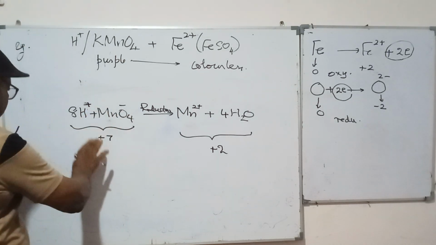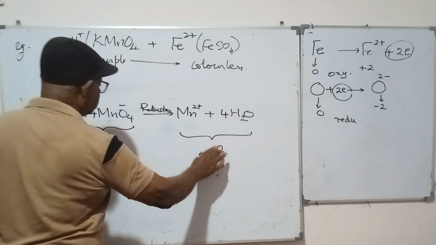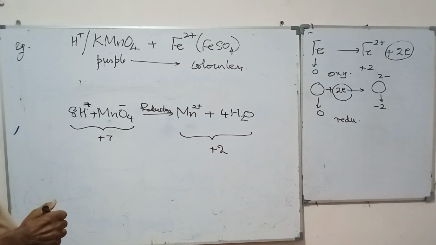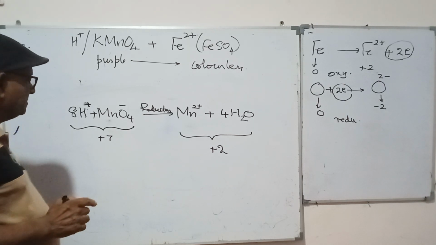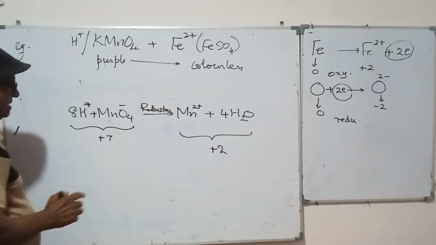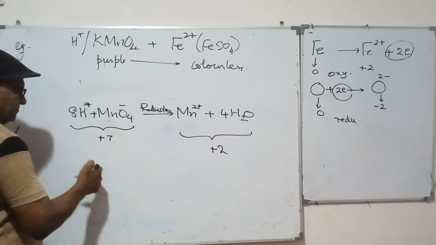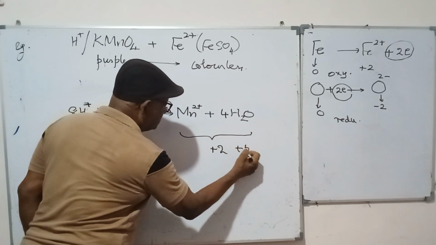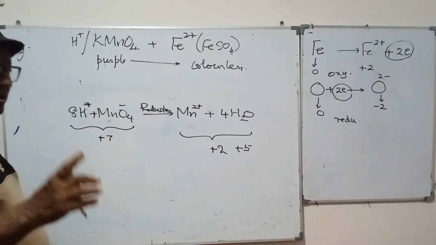The reactant side has plus 7 charge. The product side has plus 2 charge. Then finally, we must balance the charges. How do we balance the charges? Plus 2, plus 7. To make the plus 7 here plus 2, we must add plus 5. How do we add plus 5?